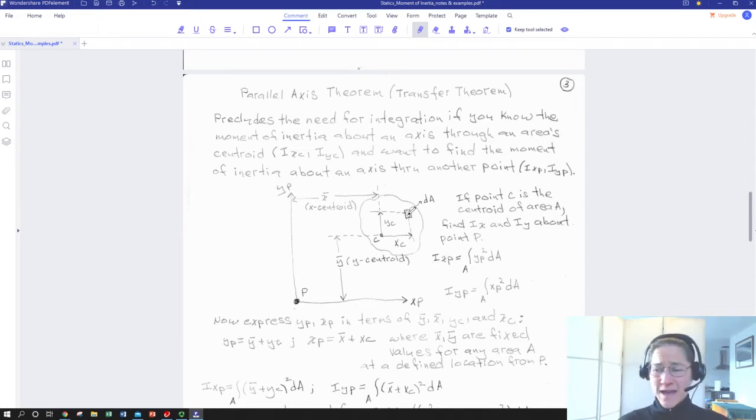So we've covered that so far in our examples. But what if we're going to take this whole body and we're going to rotate it around point P way over here, which is not the centroid of that body?